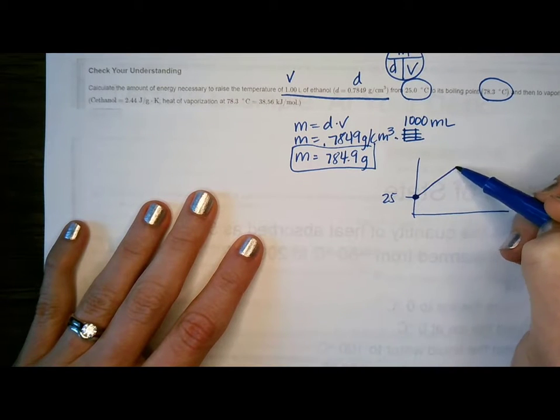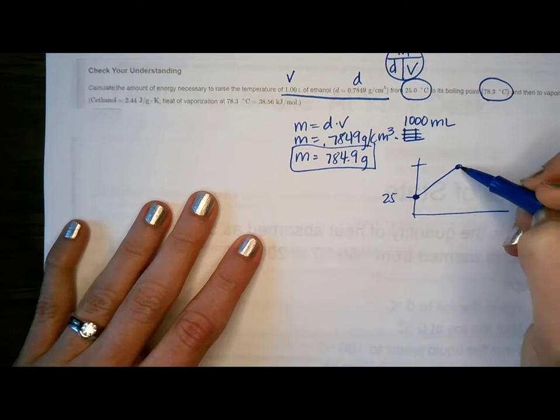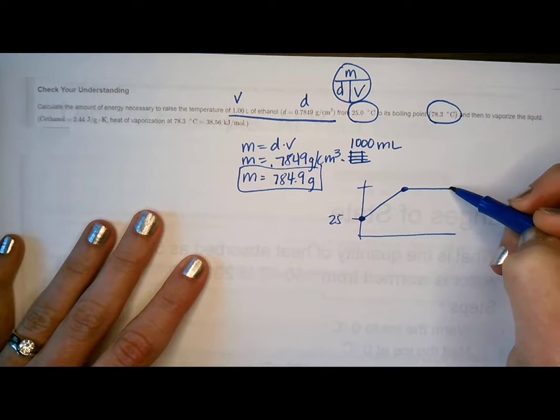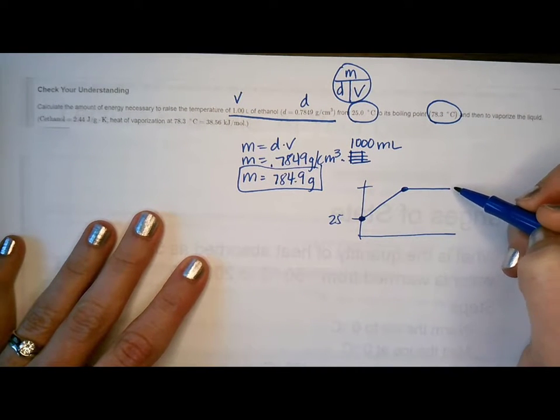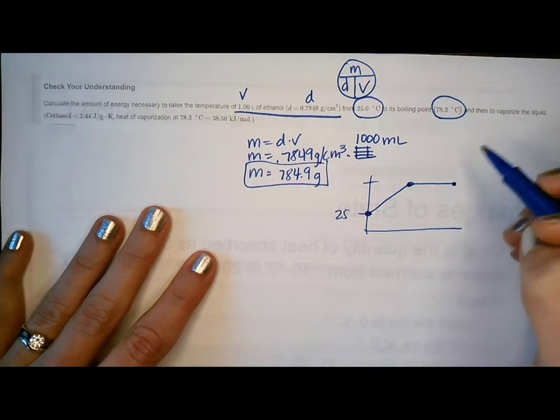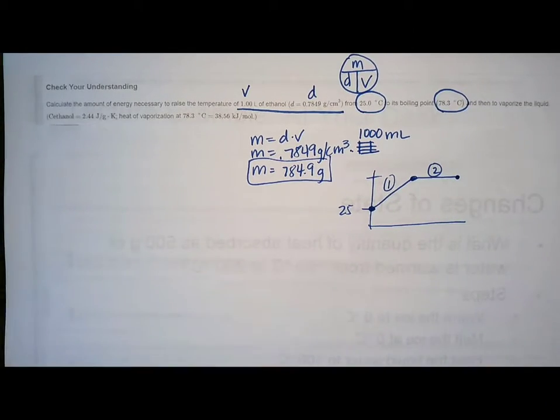We want to go to 78 point whatever. There's a change in temperature here. And then we want to vaporize it. Vaporizing, remember, is no change in temperature. And then we're going to stop. We're not going to then heat the vaporization. So this is going to be a two-step process.